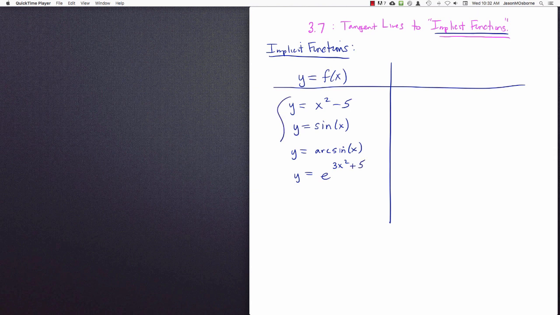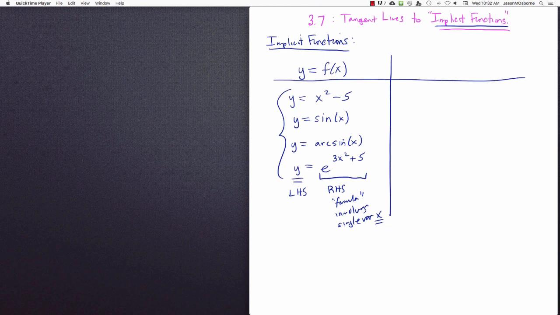All of these functions have something in common: on the left-hand side there is a y, and on the right-hand side there is a formula that involves just a single variable x. And these are the kind of functions we're used to.